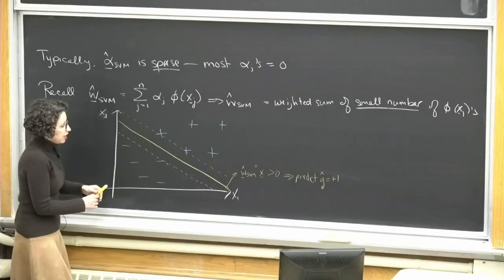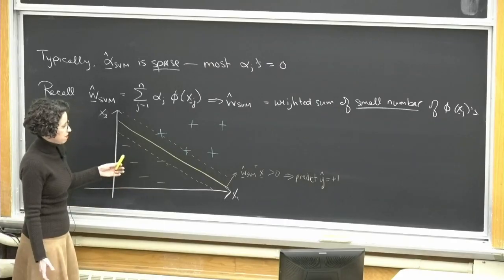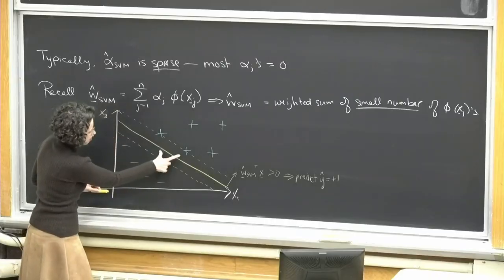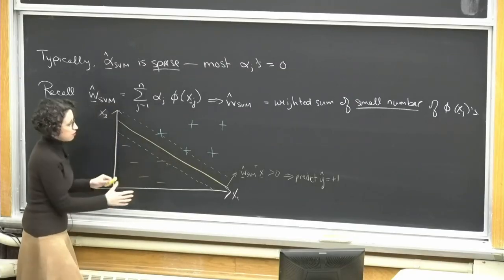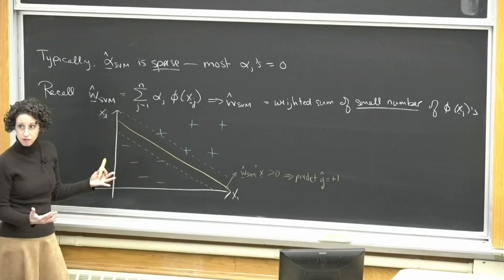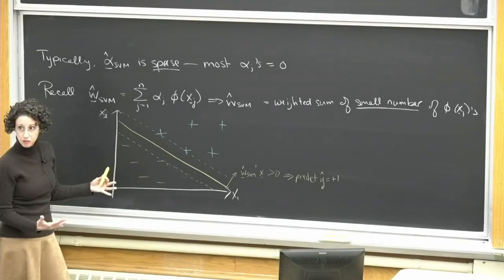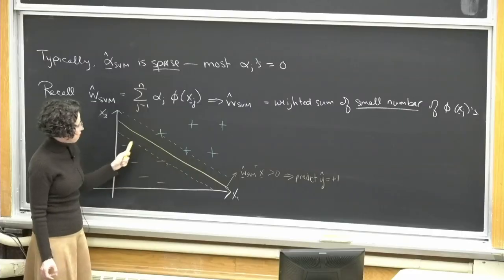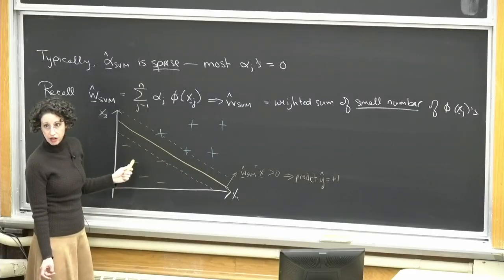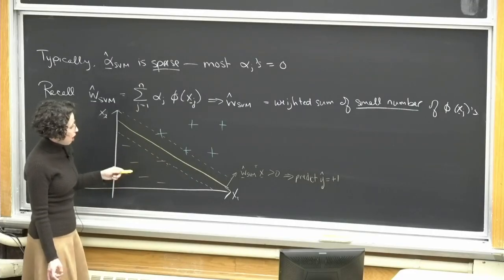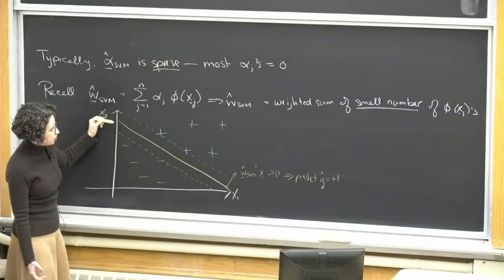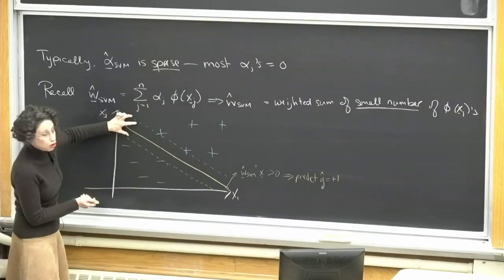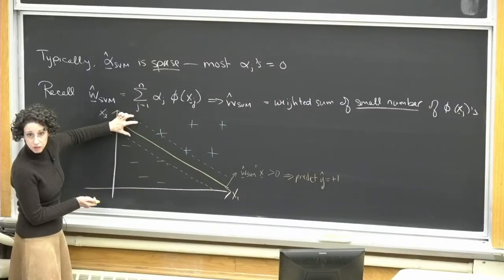Within that tube, there's lots of different decision boundaries I could have drawn, right? I could just take this boundary here and angle it a little bit and I would still have perfect classification on all of my training samples. So there are many different weight vectors that would give me 0 classification error. I'd correctly label all the samples. But the SVM is choosing the one weight vector that makes this tube as big as possible.